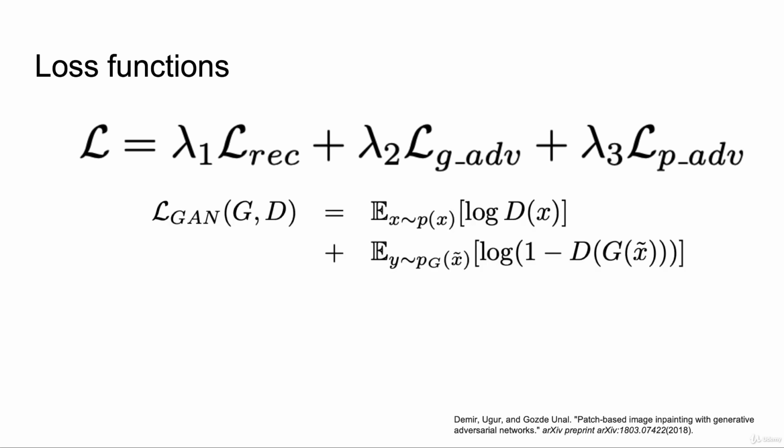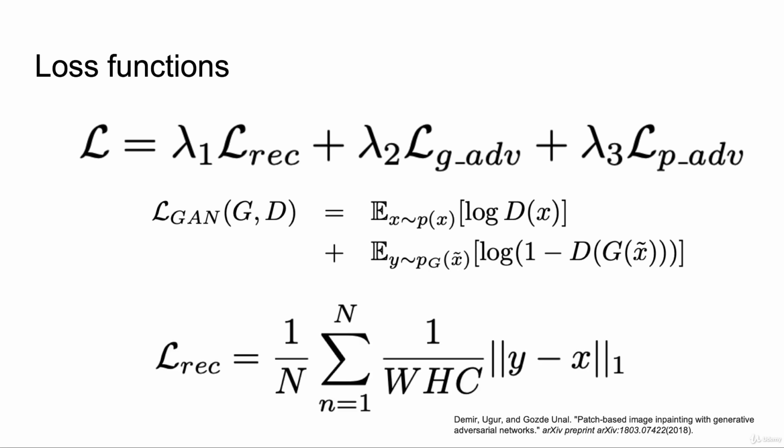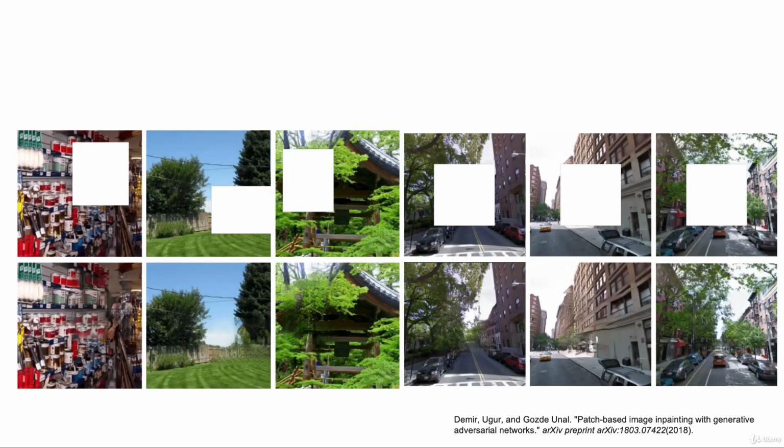They use the standard GAN loss, which is binary cross entropy, the same for the patch and global versions of the discriminators. As a reconstruction loss, they used pixel-wise L1 difference, which is averaged over all images and all pixels. After that, they sum them up with the coefficients lambdas.